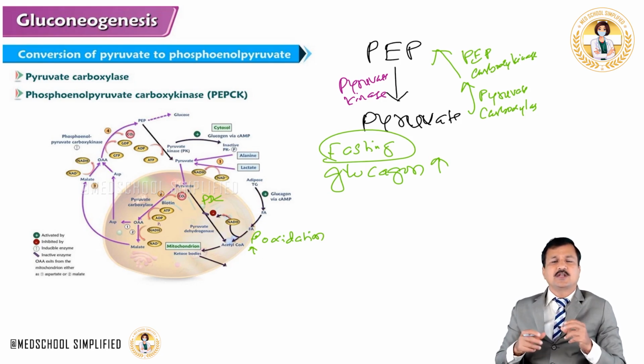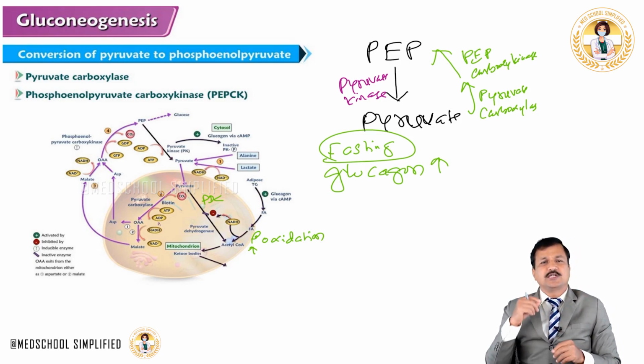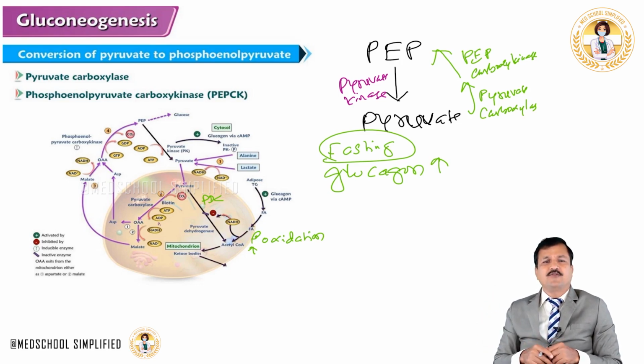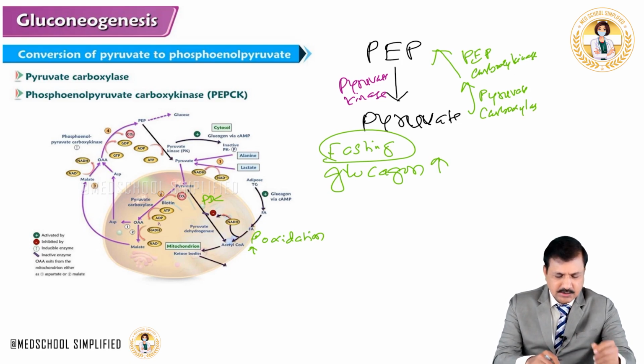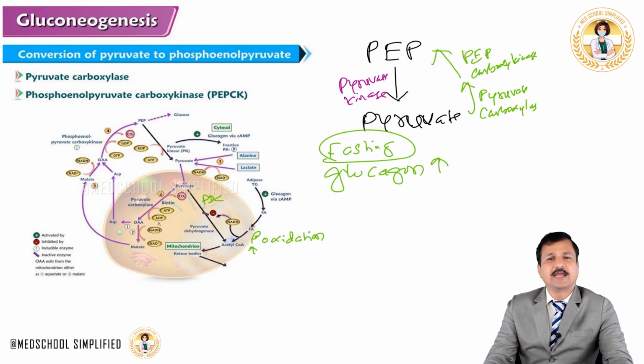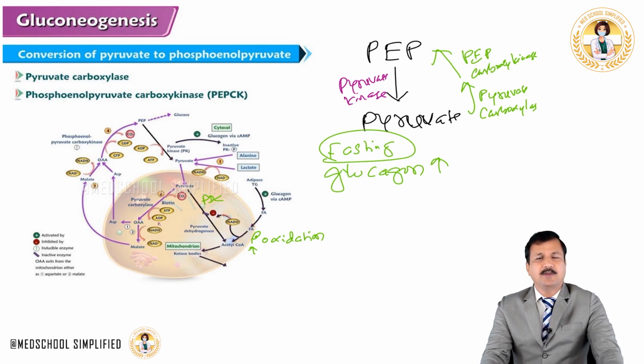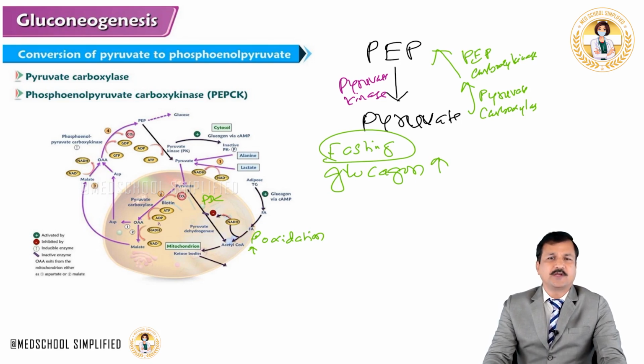During this reaction, a high energy molecule GTP will be undergoing dephosphorylation to make a GDP. Okay, so that means there is a need of GTP here, and this GTP need for phosphoenol pyruvate carboxykinase can be met by one of the reactions in TCA cycle, that is succinate thiokinase reaction.